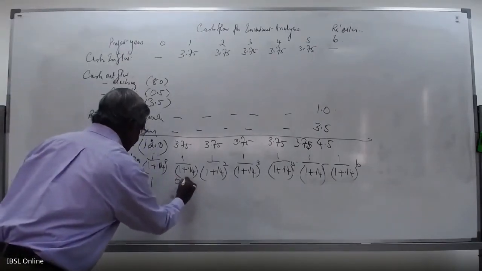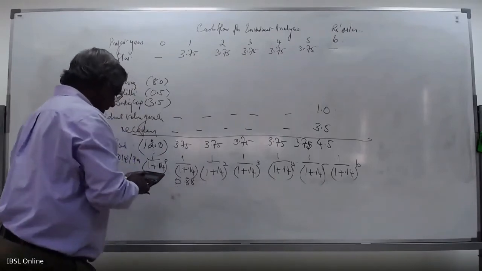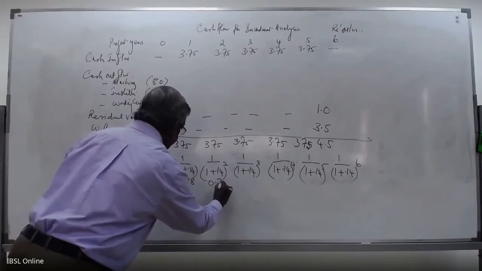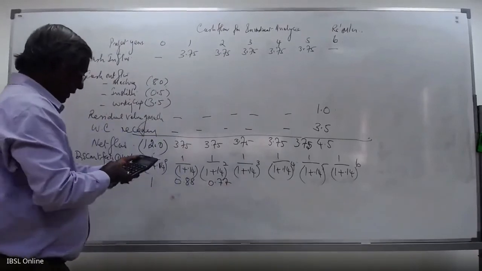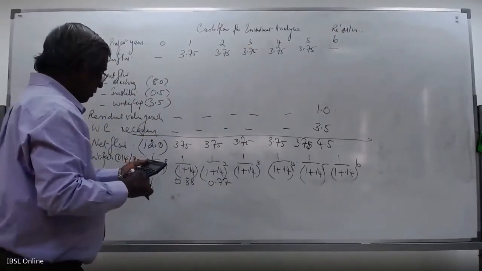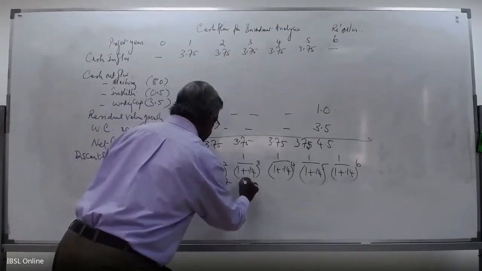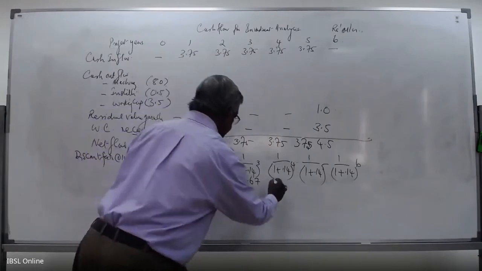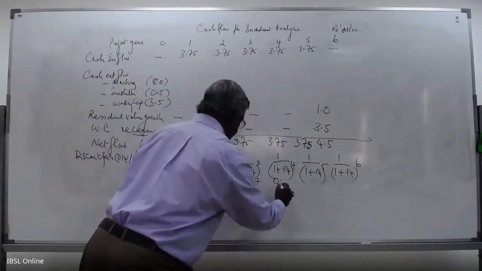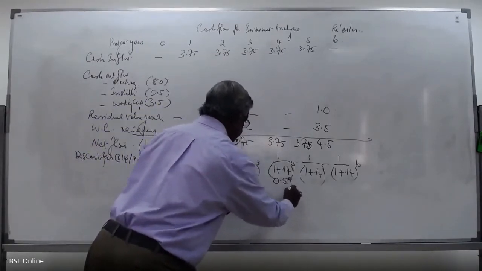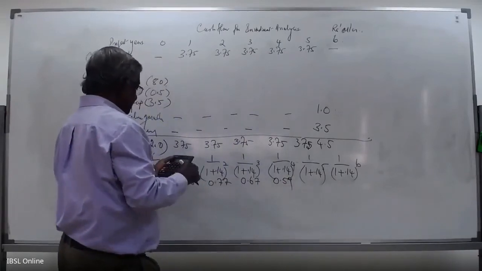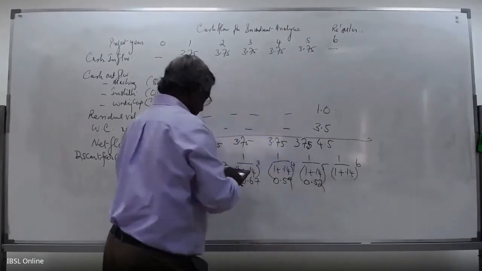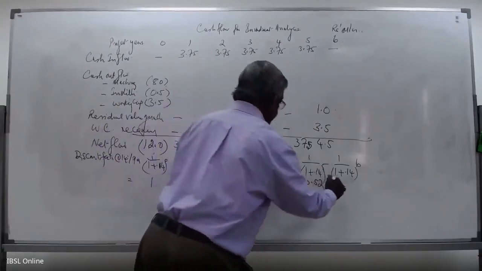Again, the next is 0.77, then 0.67, then 0.59, then 0.52, then 0.46.